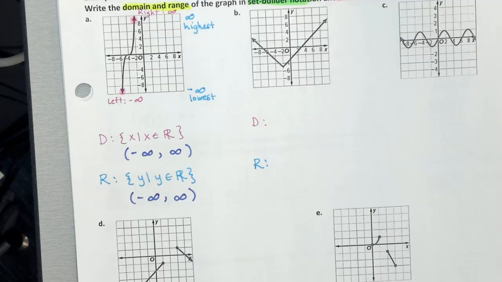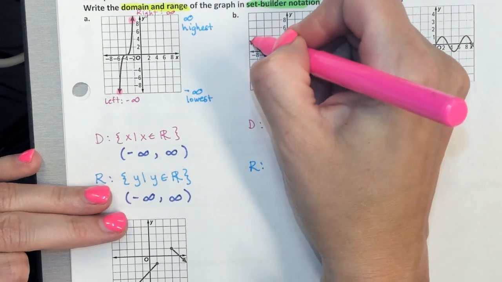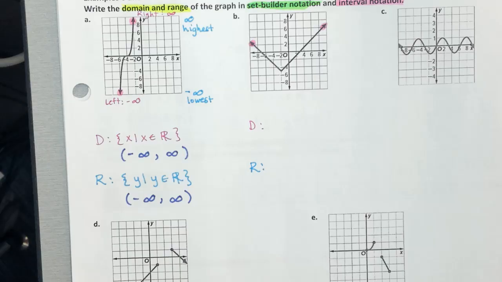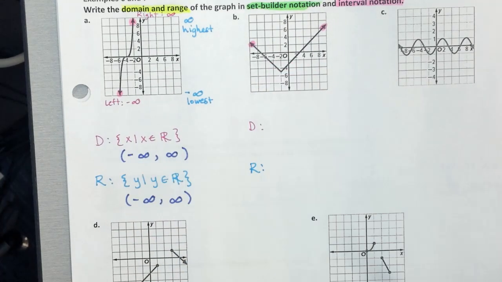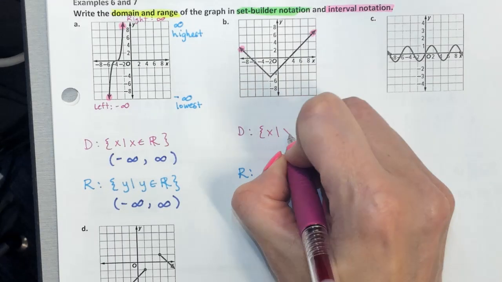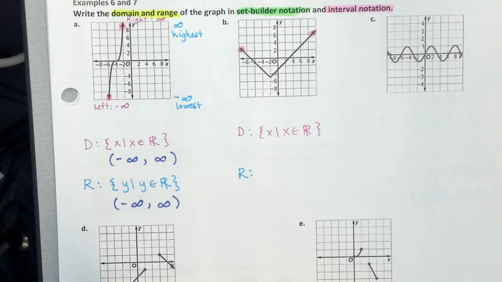Okay, so again, you're looking from left to right, okay? So what is going to be the point that's furthest to the left? Negative infinity. And then furthest to the right? Yes. So again, when you see these arrows, and it's continuous, if it's continuous and has those arrows, you're looking at an all real numbers situation. Okay, so for C, is that continuous?